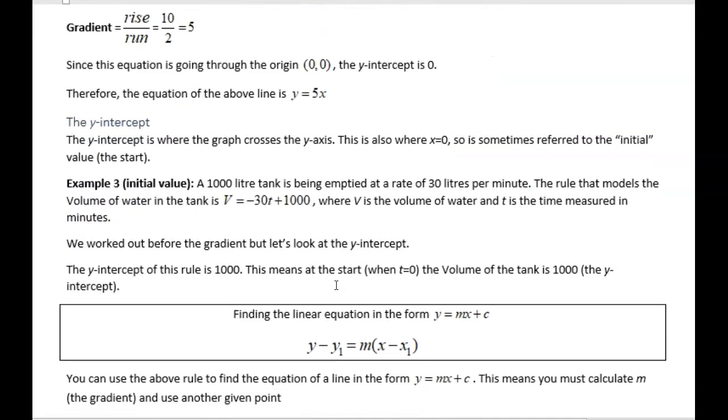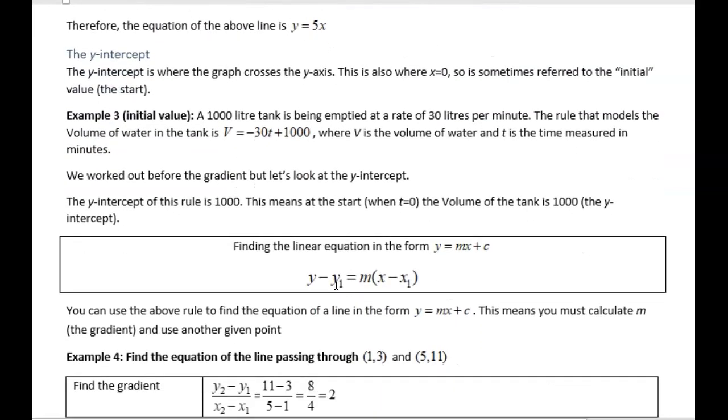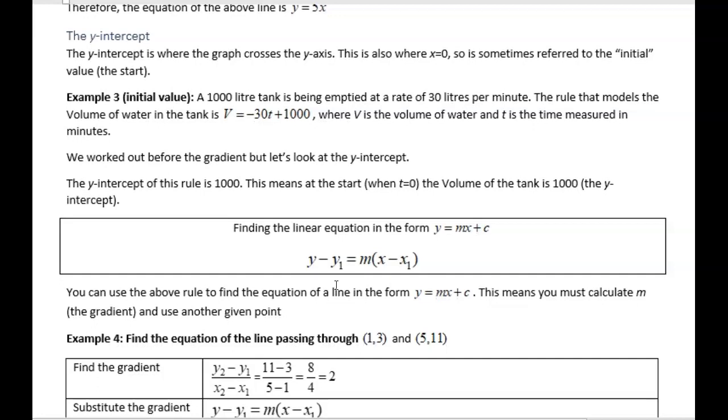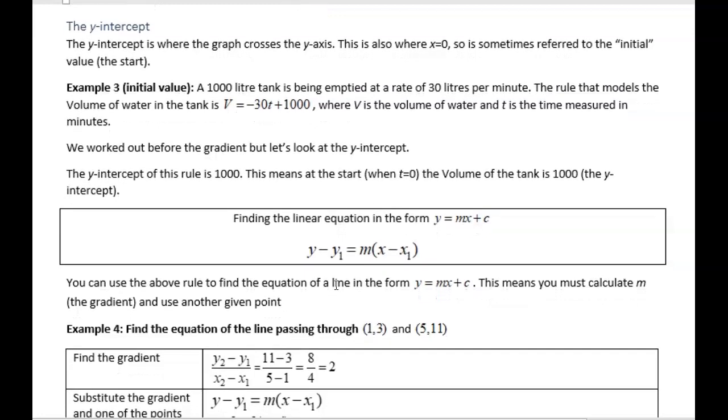All right, so let's get into how to do the equation. First of all, it's important to understand the y-intercept. Up to this point, you've calculated the y-intercept by letting x equal 0. But if you're doing an equation, it's important that you can find the y-intercept using the rule y equals mx plus c.